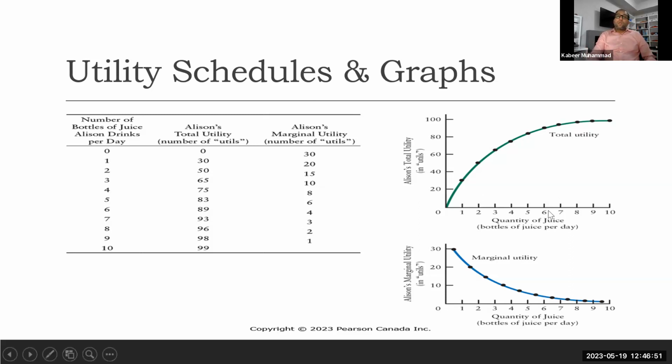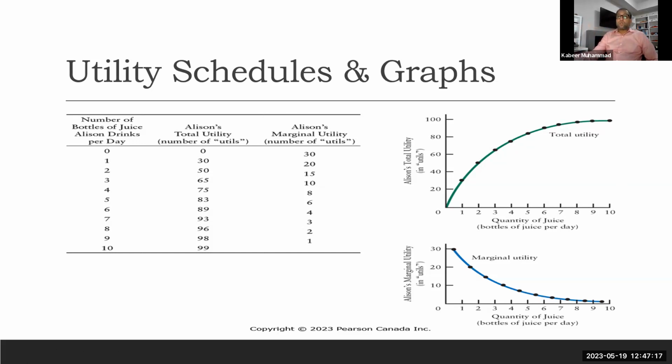When we plot this, with the number of bottles of juice on the x-axis and total utility on the y-axis, we get a curve that is increasing but at a decreasing rate. We see that it reaches a maximum, and after that, if we force her to take more juice, the utility is going to be negative.